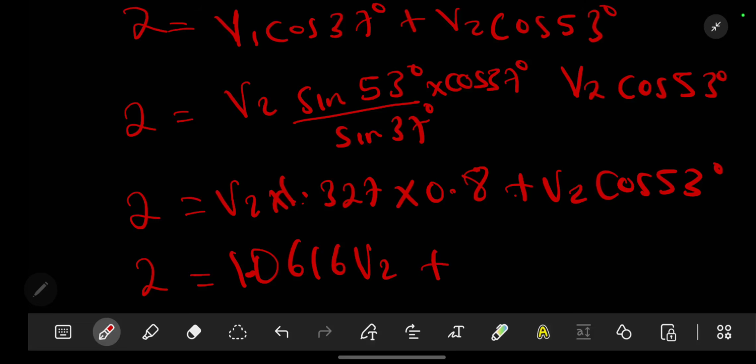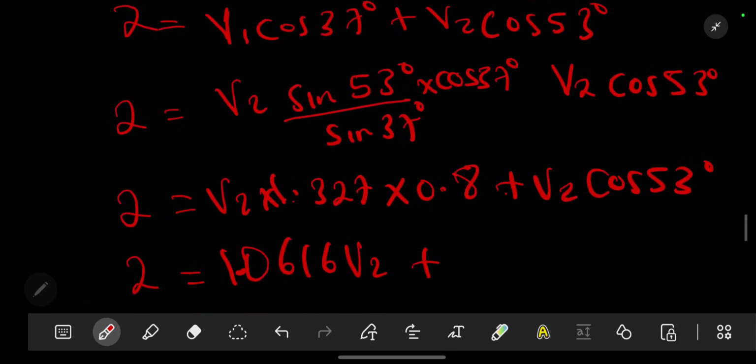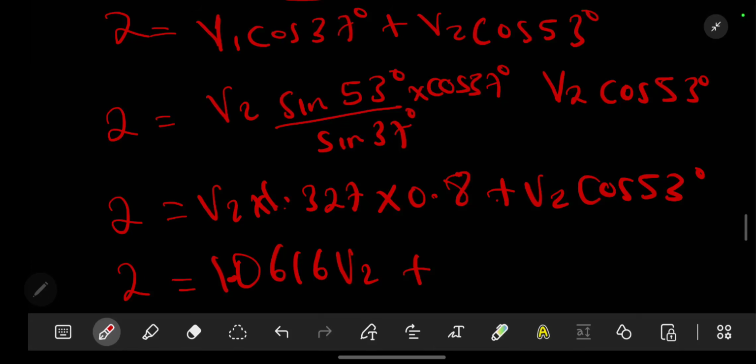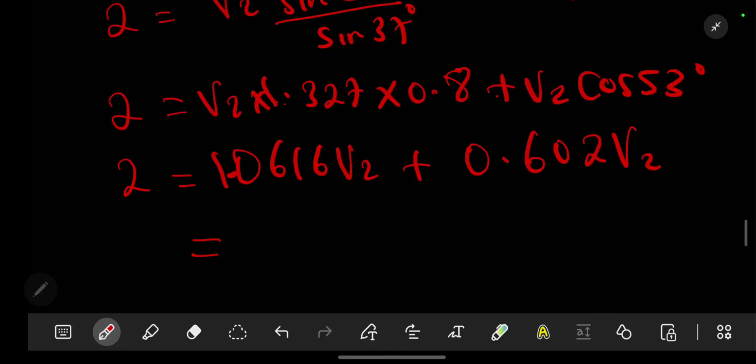Plus the cosine of 53 gives us a value equivalent to 0.602 V2. So when we add these two, plus our 1.0616, this is going to give us 1.663 V2 like that.